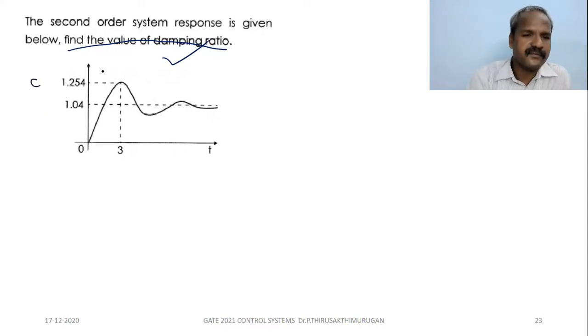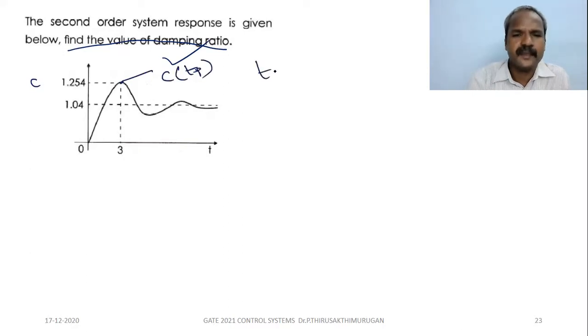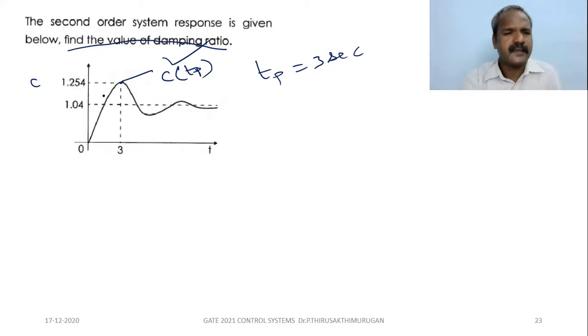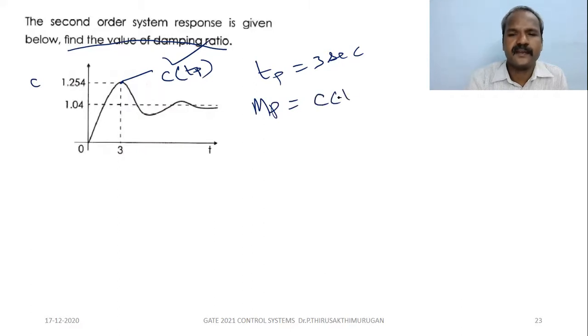So what is this? This point is C of tp, the peak time. Peak time is 3 seconds. So what is C of tp? And what is MP? Maximum overshoot is C of tp minus C of infinity, divided by C of infinity.